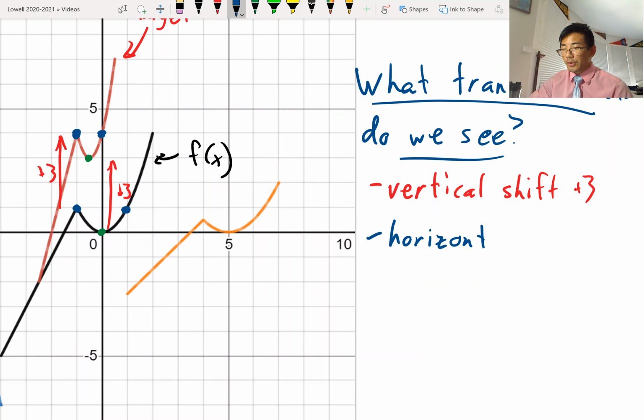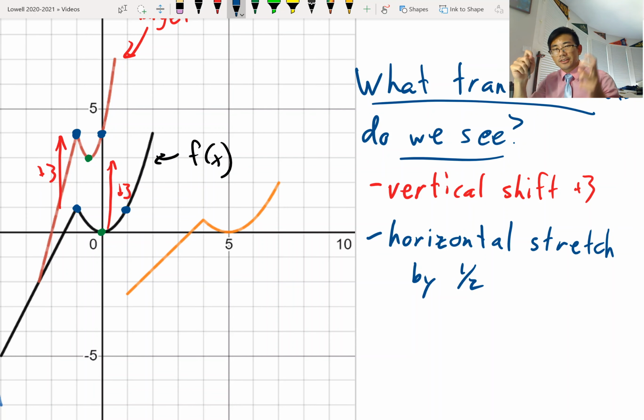I say stretch even though it is getting squished. We have a horizontal stretch by a factor of 1/2. The stretch factor is how far it's being stretched or compressed. If I'm stretching it 1/2 as wide, you're really squishing it to half its size.